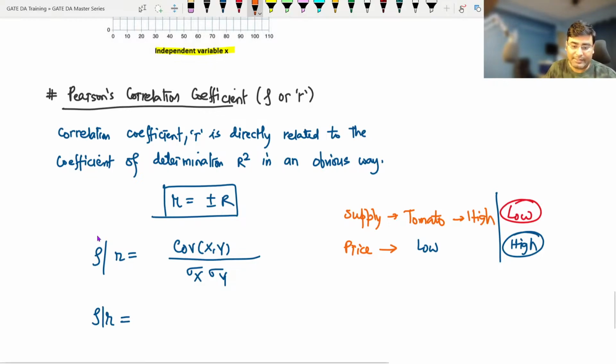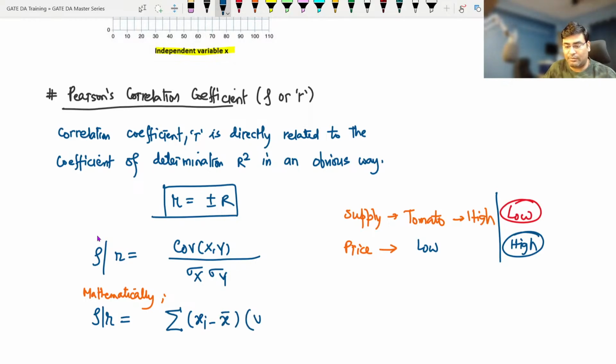So I'll write it mathematically. Generally, when we run a full program, we actually go and derive this formula as well. Here I'm just giving you the formula, which is: you subtract the mean for x, and take the product with yi minus y bar, for i equal to 1 to n, and then sum it.